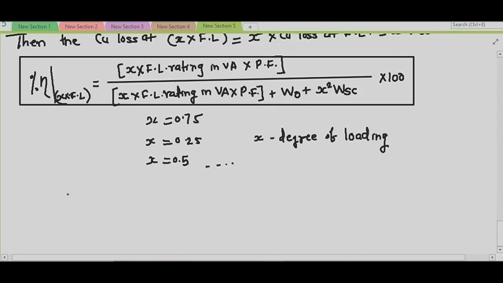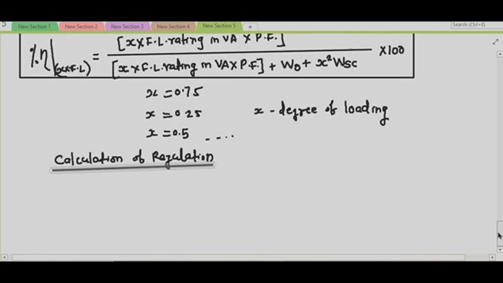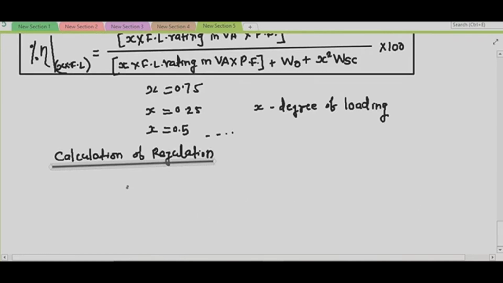Then calculation of the regulation. As we have referred the equivalent circuit to the primary side, we can use directly the formula. Percentage regulation, this we have seen in the last lecture.